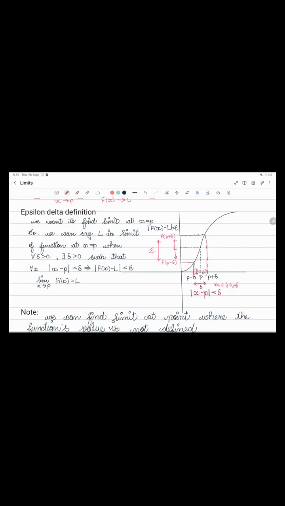So its interval would be p minus delta and p plus delta. Now we will find the function's value at p minus delta and p plus delta, which I have shown here. This is f of p minus delta, and this is f of p plus delta. Let's say that the distance between f of p plus delta and f of p minus delta is epsilon.